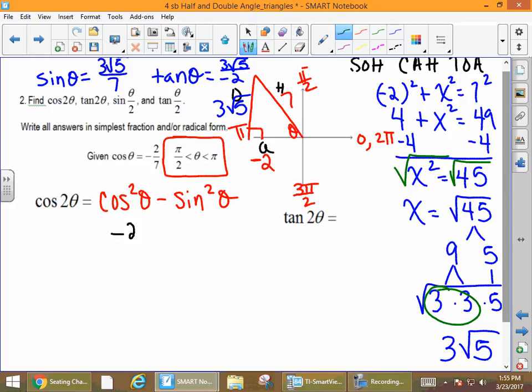Cosine is negative 2/7. And we're going to square it. We just figured out what sine is, and it is 3 radical 5 divided by 7. And we're going to square that as well. Cosine squared minus sine squared.